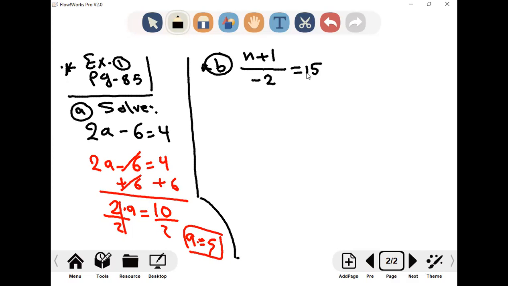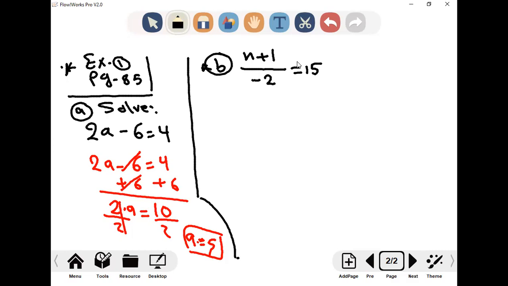Here we have a fraction with a number at the bottom, meaning n plus 1 divided by negative 2. I can get rid of this negative 2 by multiplying both sides by negative 2. So the first step, I need to prepare the equation. Let's get rid of this negative 2.